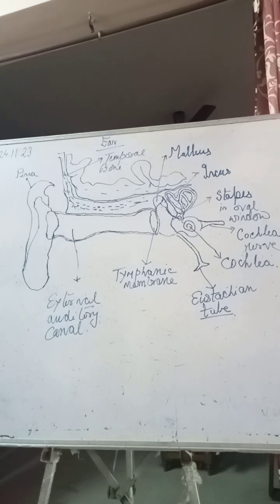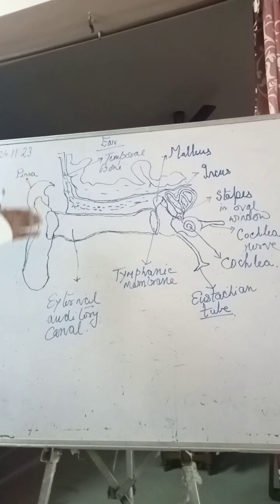So what is actually happening? The pinna, that is the external ear, is receiving vibrations from the air. This is the external ear, which is also called pinna.